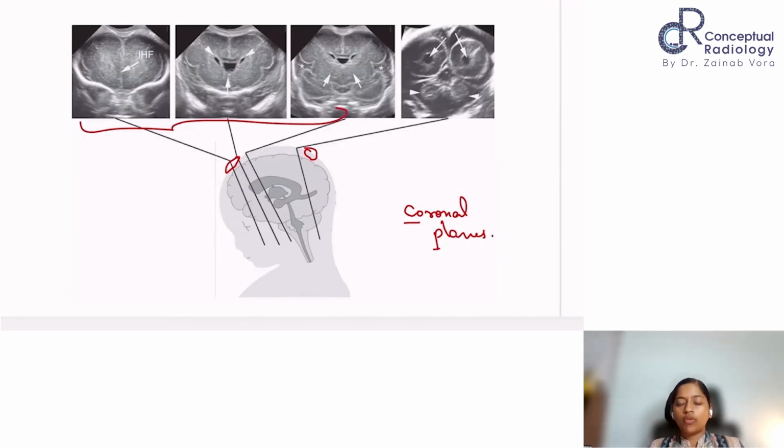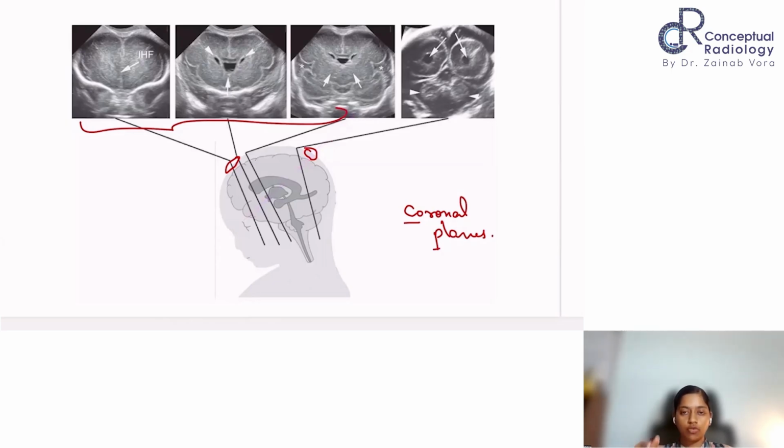With slight manipulation, you'll be able to see three sections. The third section can also be seen if I'm using the sagittal suture as window, right? But the fourth one, the cerebellar plane, will be achieved when you are focusing through the posterior fontanelle.